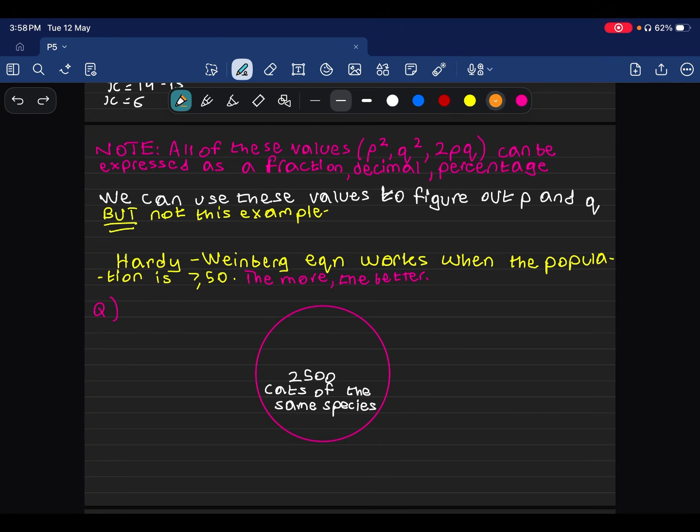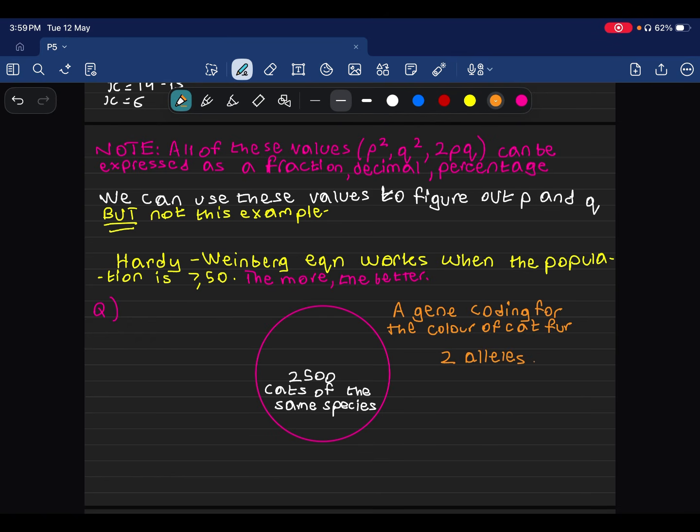Now here's the situation. In all of these 2,500 cats, you have a gene. Now this is a gene which is coding for the color of the cat fur. Different cats have different colors of fur, right? So this gene is coding for the color of the cat fur, just assume. And this gene has two alleles.